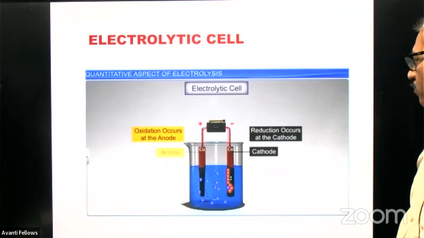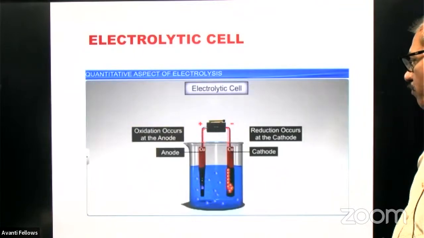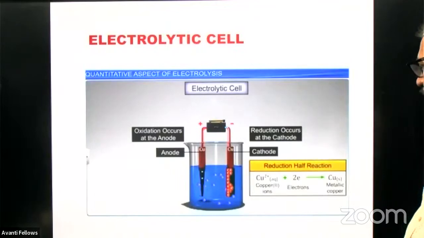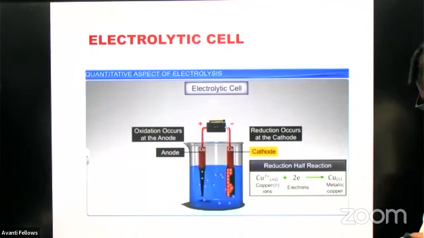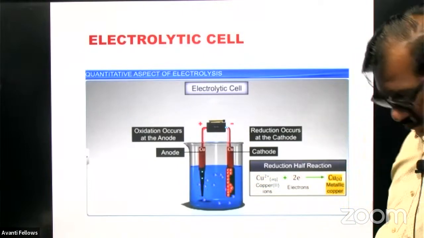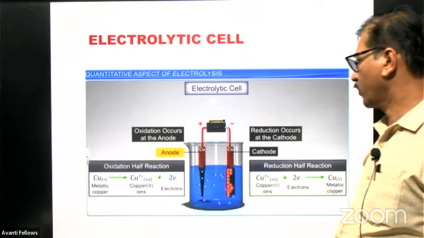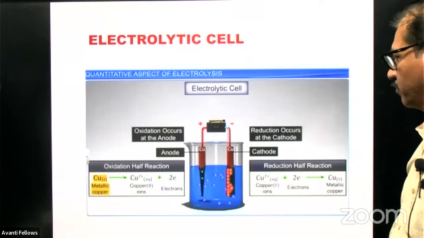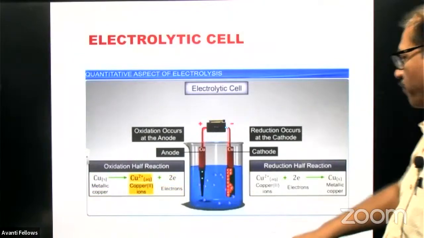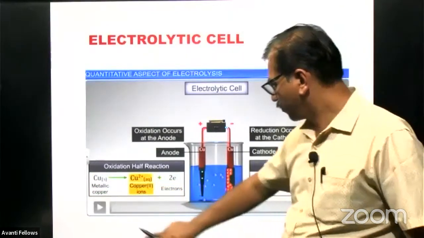Oxidation occurs at the electrode connected to the positive terminal of the power supply. The reduction half reaction at the cathode has copper 2 ions gaining 2 electrons to form metallic copper. At the anode, copper metal undergoes oxidation by losing 2 electrons to form copper 2 ions.